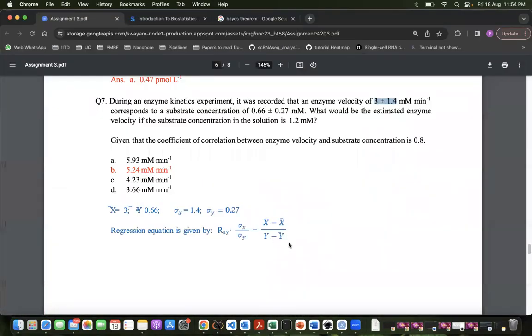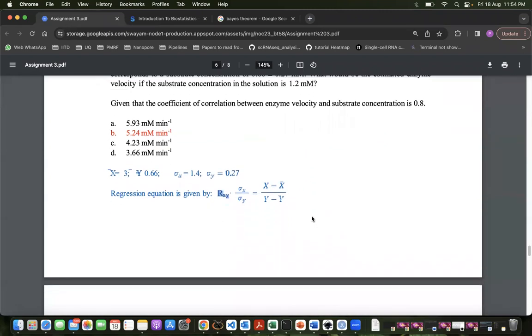Yeah, this thing, it's just the opposite. Did I do something wrong with 1 by sigma or something like that?